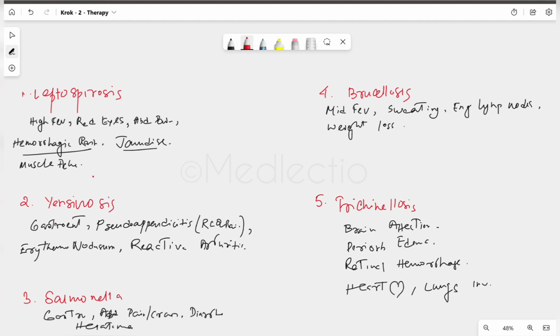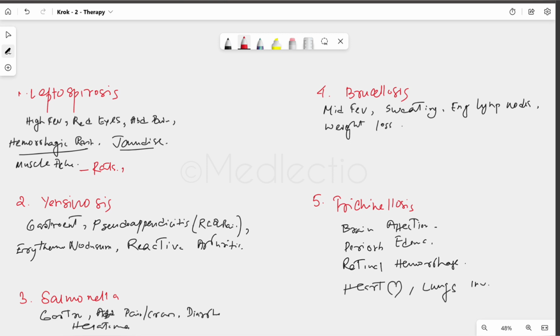So now some things: its carrier is rats, okay, leptospira. So leptospirosis is spread by rats, but it can enter through any body opening.